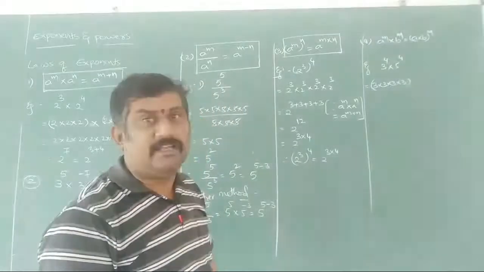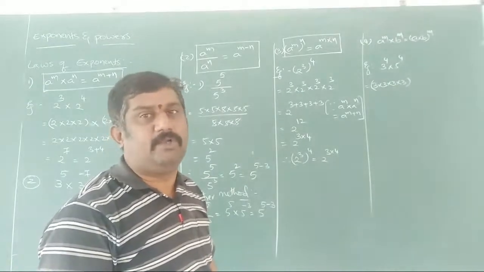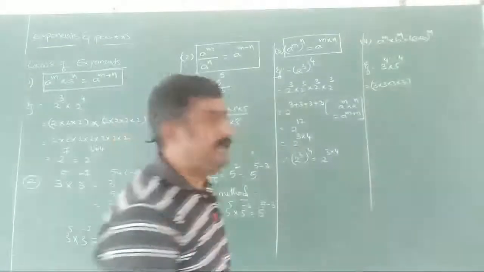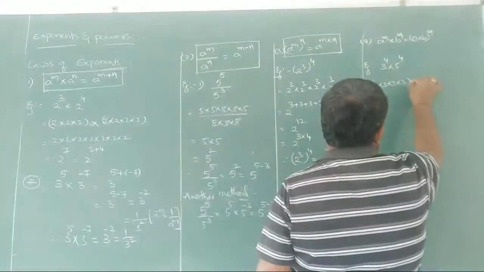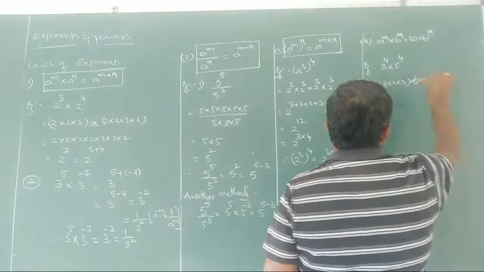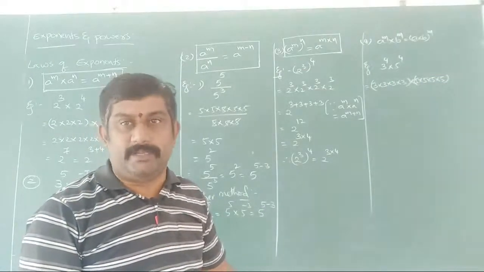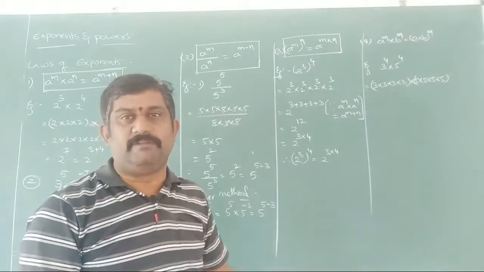Next, what we have here? 5 to the power of 4 we have here. So we can write 5 into 5 into 5 into 5 here.